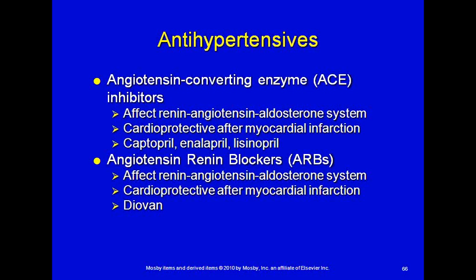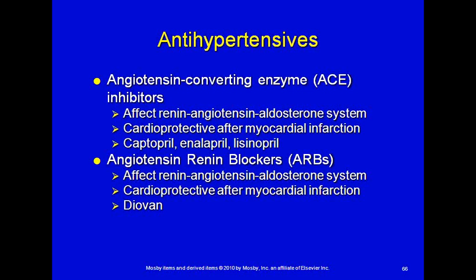The issue with ACE inhibitors, too, is that because the reaction occurs in the lungs, people may get a little inflammatory response as a result of taking their ACE inhibitor, and they develop a really productive smoker's cough that some people find very irritating. So in that particular situation, looking at an ARB might be a better fit for them.